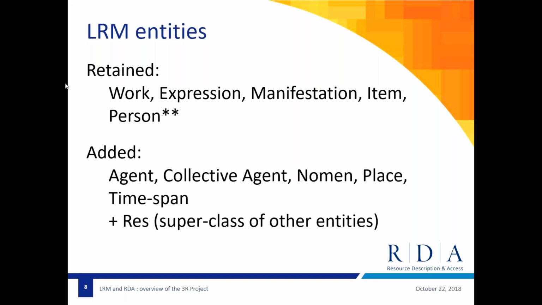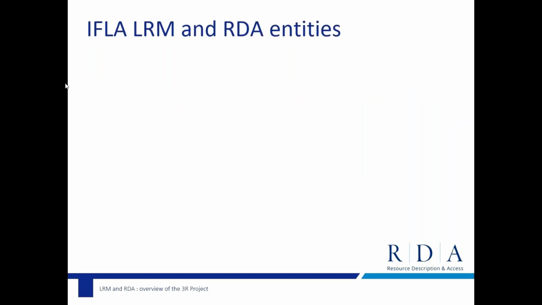And I'll explain shortly what that actually is. So here we go. So the big question for the 3R project was, how big a change do we have to make in the RDA entities in order to make them compatible with the new model?